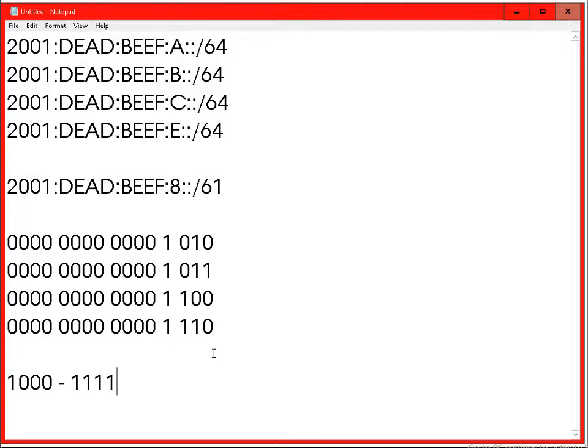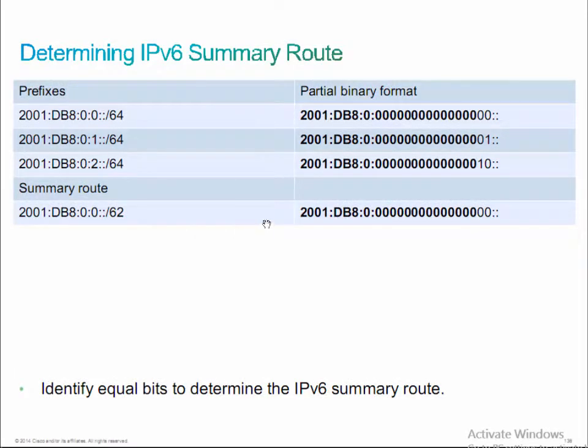Make sense? All right. And they show you the same example here in the book. In this case, 2001 DB8. They're kind of mixing and matching here. The first 3 hextets are written in hexadecimal format, and then the last hextet is written in its binary format. That's why you see so many digits in that last hextet.